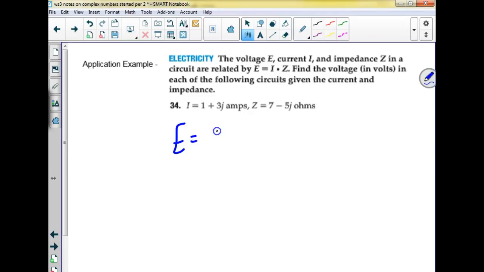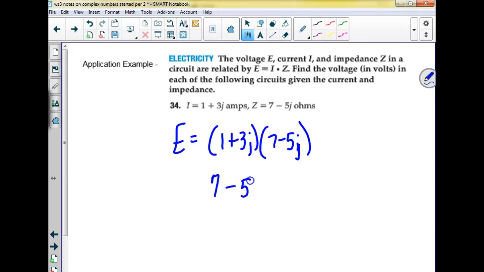You would do the current times the impedance, and they use j. It's just the same definition, though. It's just i. So if I foiled that together, okay, if it's really an i, this one back here is going to become what?